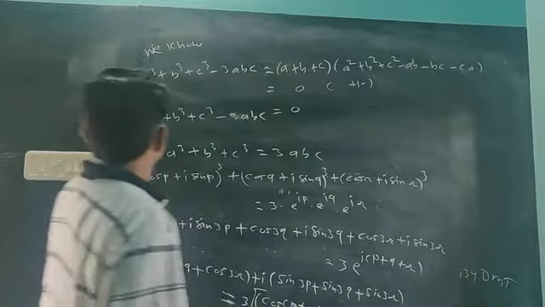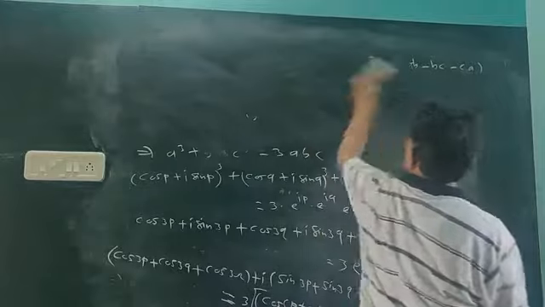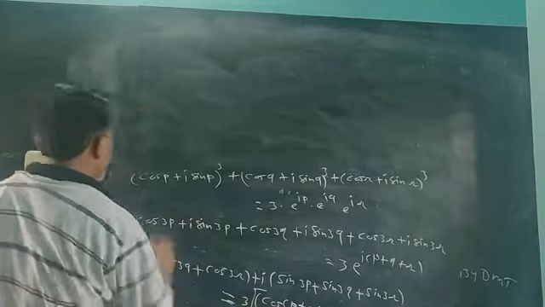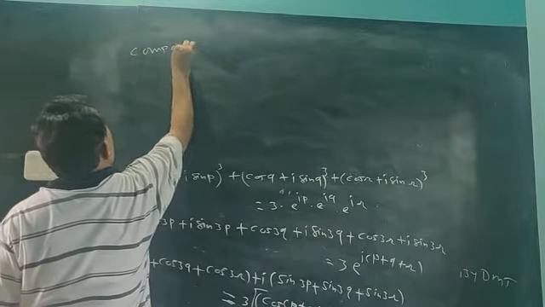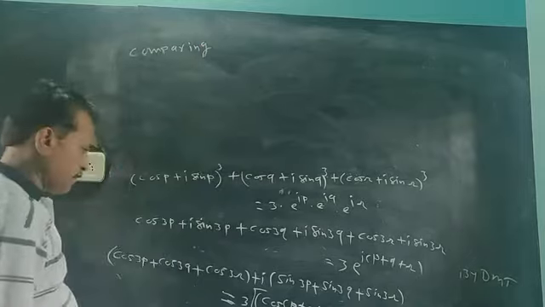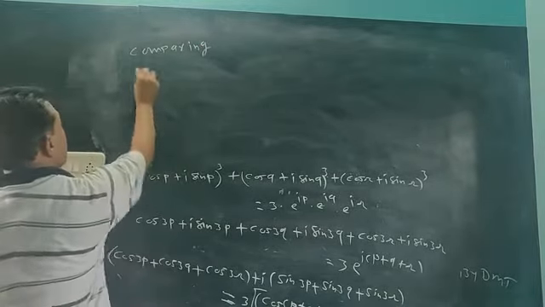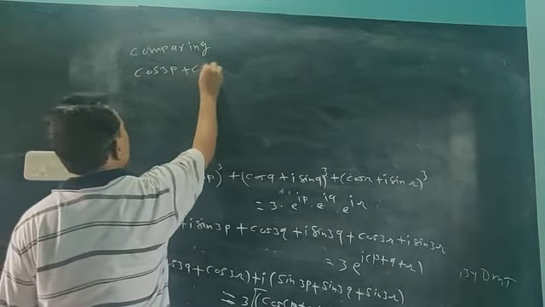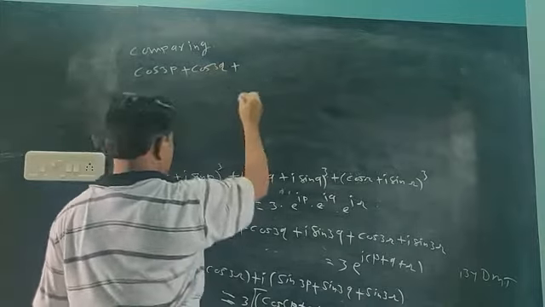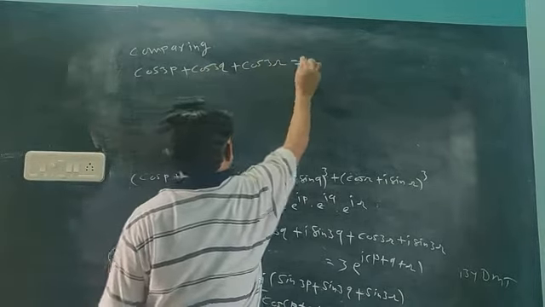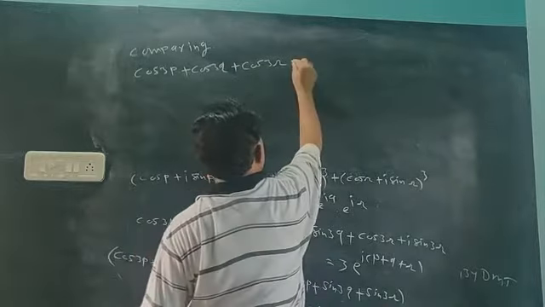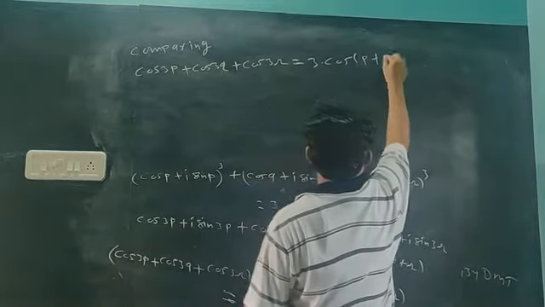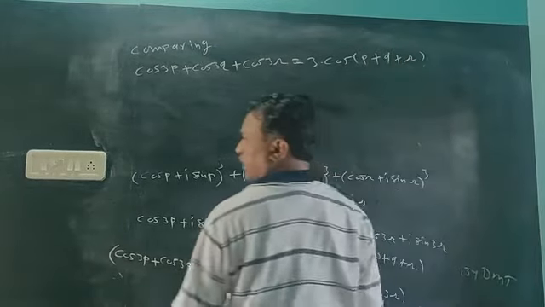Now compare the cos result and the sin result, comparing real part and imaginary part. The real part: cos of 3p plus cos of 3q plus cos of 3r equals 3 times cos of (p plus q plus r).